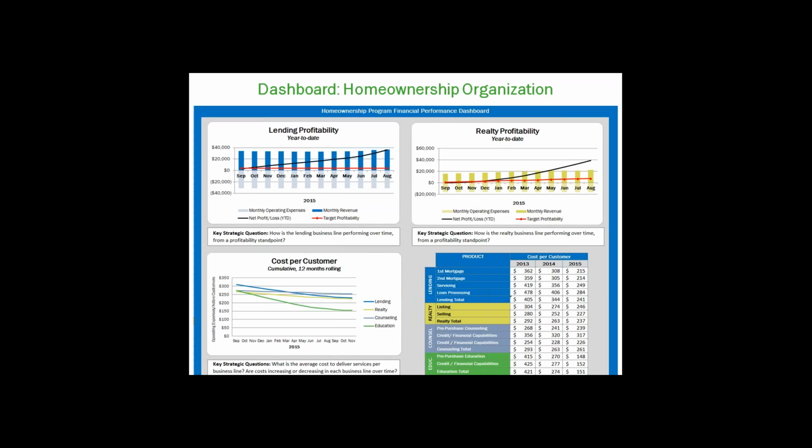How is this comparing over time for each of the business lines? So there, this dashboard had many more business lines listed. Then there was this question of cost per customer, and so if we're going to be able to be self-sufficient, that means we're going to be able to generate enough revenue from the way that we're charging for our services, that we're going to be able to cover costs.